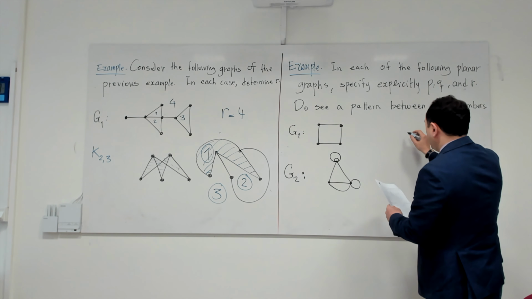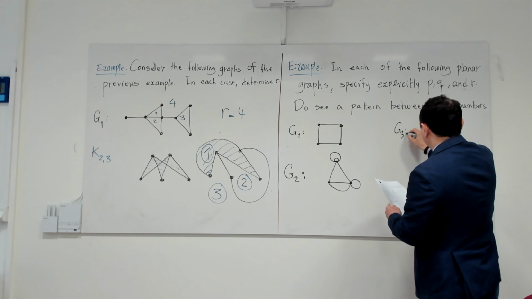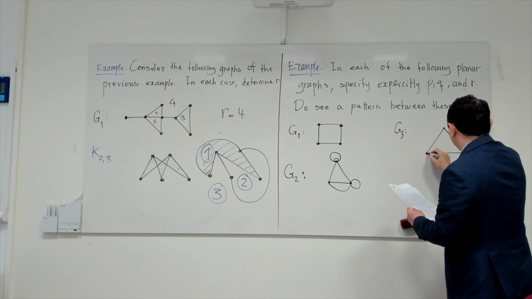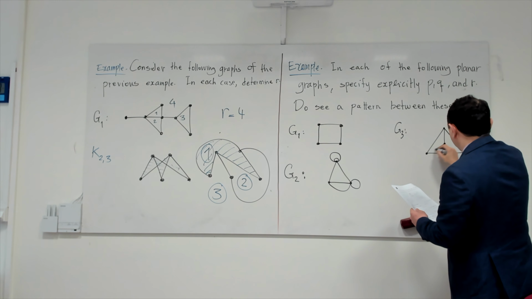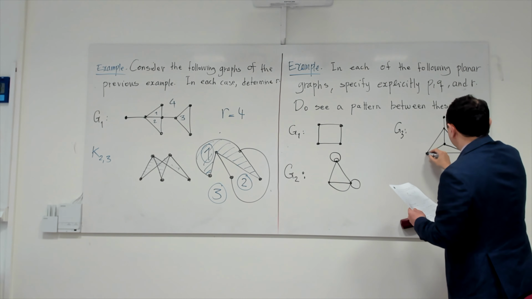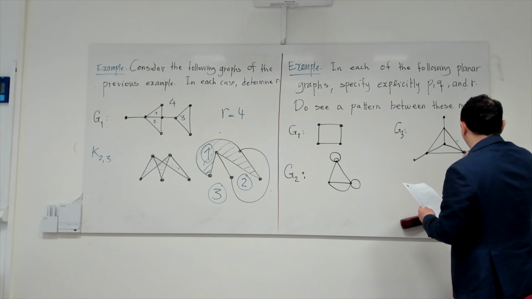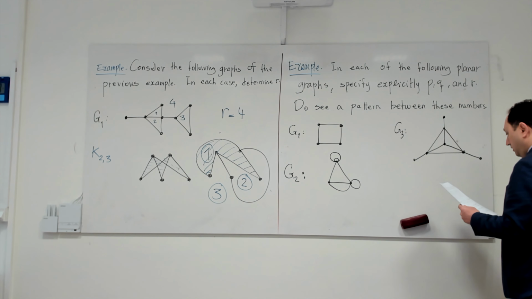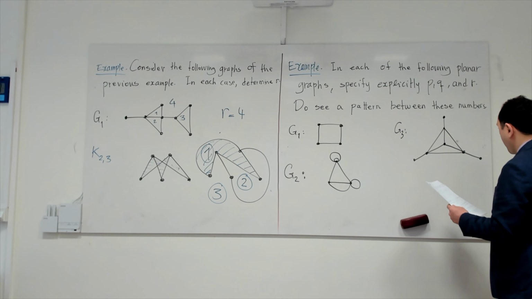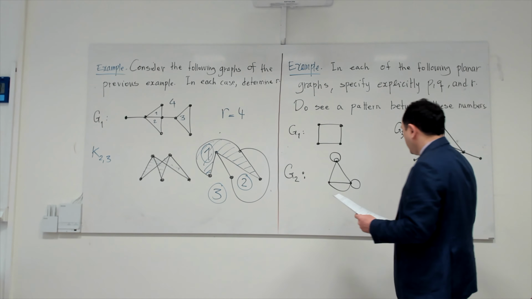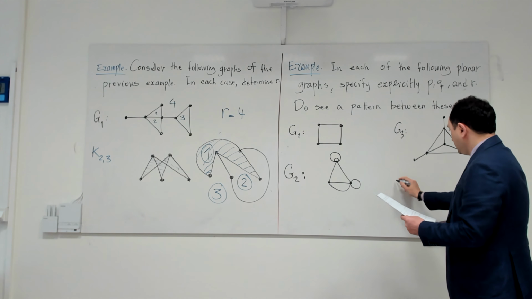Okay, and then G3, I have a bigger triangle here. Find the center somehow, connect it here, and then some leaves. Do you remember? Vertices with degree 1 are called leaves. So this is your G3. Let me draw G4 as well.